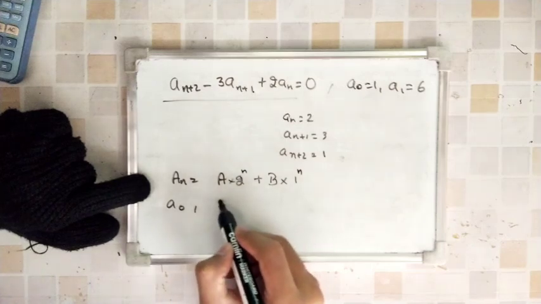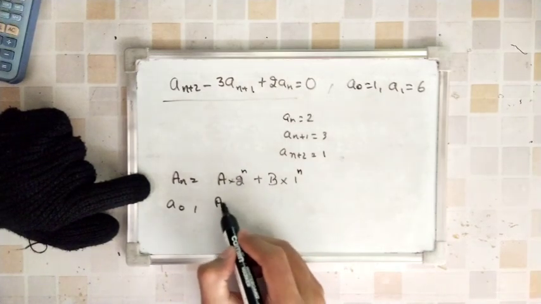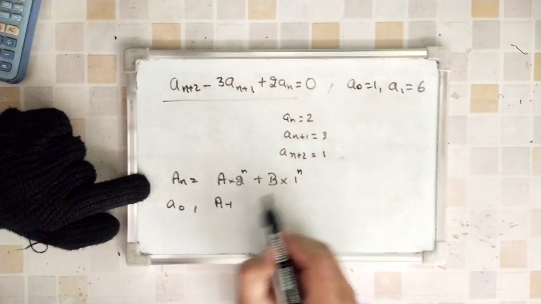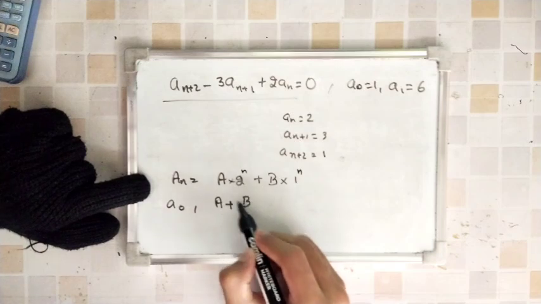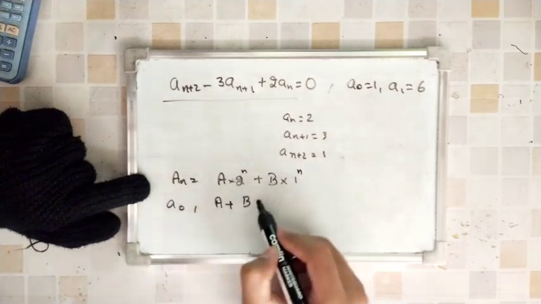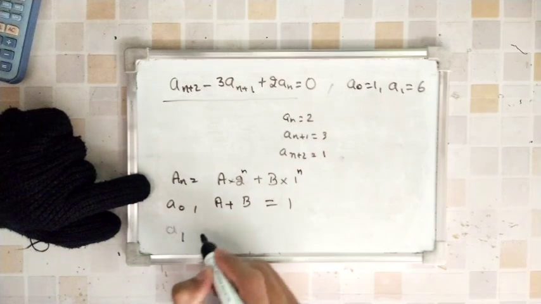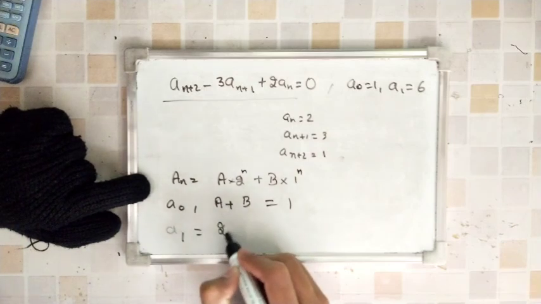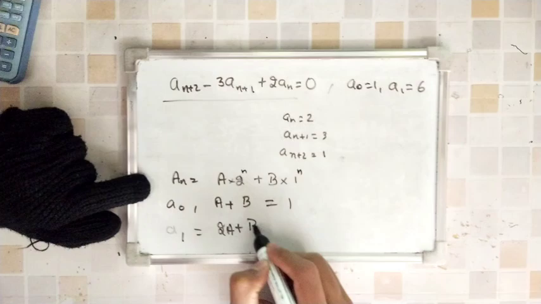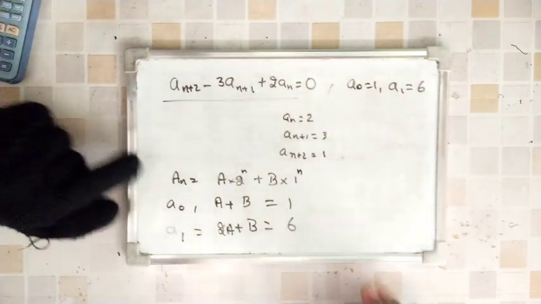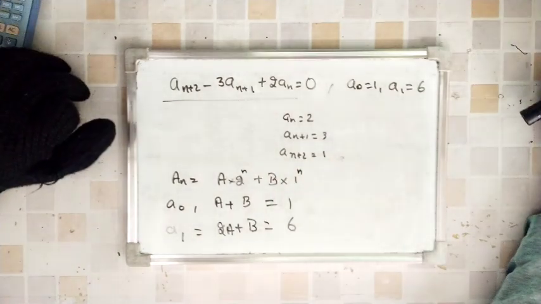A into 2 power 0 is a, plus b, only a plus b I will get. Okay, a plus b should be equal to 1. If I take n is equal to 1, then 2a plus b is equal to 6. Okay, same way I got two equations.